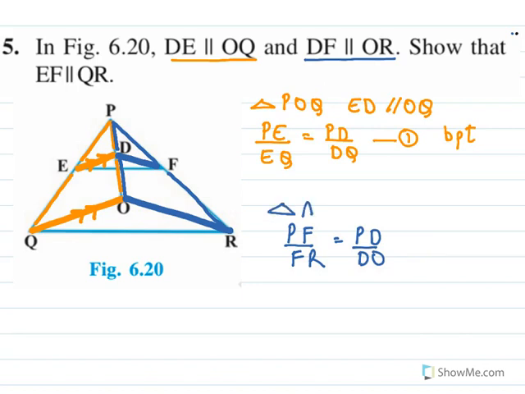Now this we got in triangle POR with DF parallel to OR. This is equation 2 by BPT.